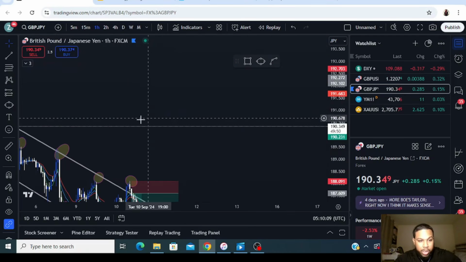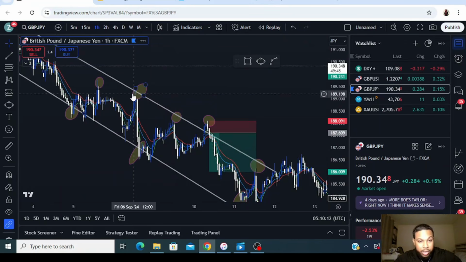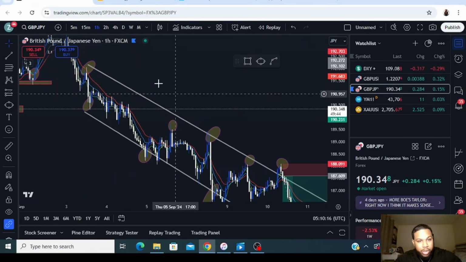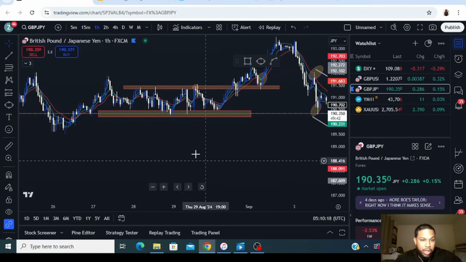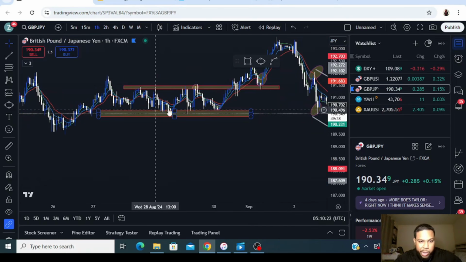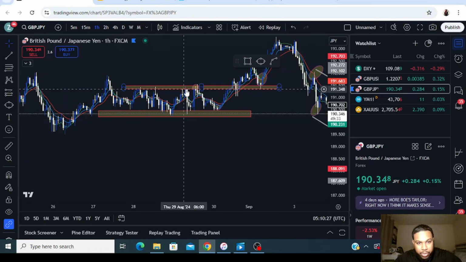If you're selling, you want to look for rejection like these wicks, these pauses at the higher of the trend. If you're in a consolidation, you simply just look for a rejection of any of the zones, right? Rejection here, pause here, wick here, rejection, huge sell candle after buy, that's rejection, pause and wicks here, that's rejection, right?